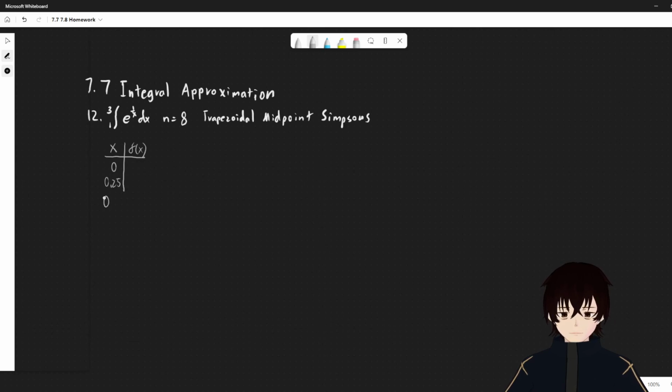Ooh, I think whiteboard automatically corrected my shape into an oval. That's cool. We got 0.5, 0.75, 1, 1.25, 1.5, 1.75, 2. And that's only for trapezoidal and Simpson's. We didn't even consider midpoint rule yet.